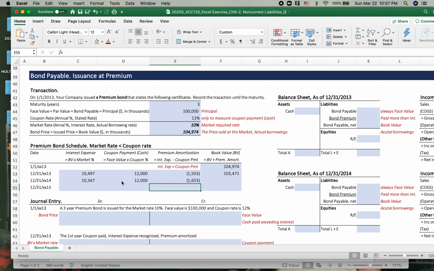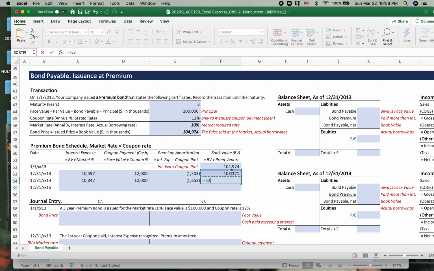The bond premium is not part of the interest expense. It is the amount by which the company paid more cash than the interest expense. The 12,000 coupon amount is not the interest expense; the actual interest expense is about $10,000. That's why we reduce this premium from the book value.